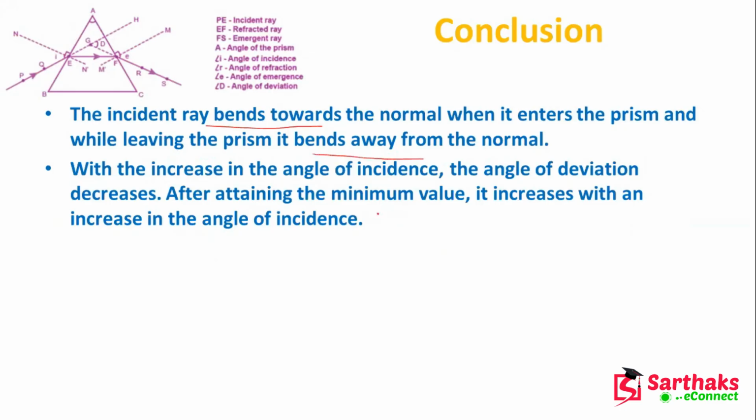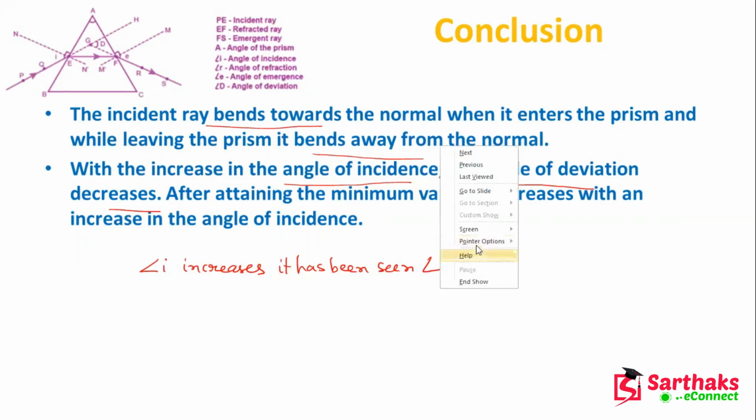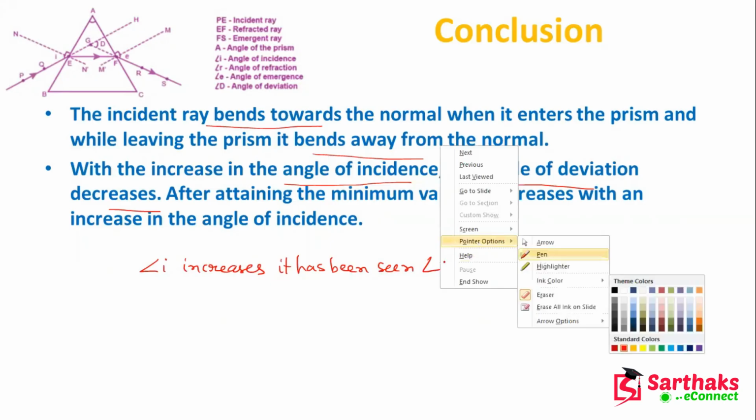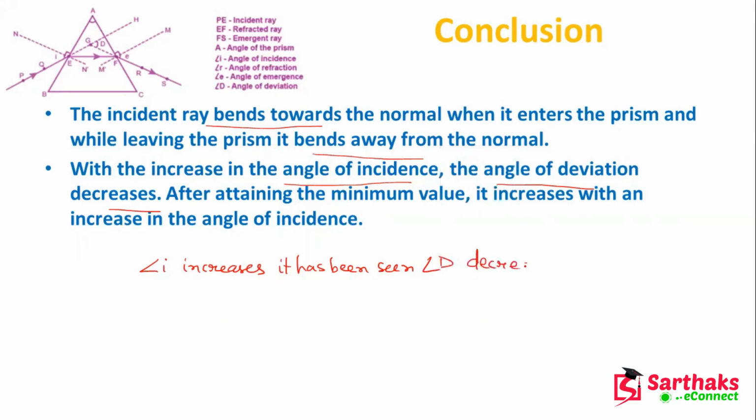And with the increase of the angle of incidence, the angle of deviation, that is D, decreases, and after attaining the minimum value, it increases with an increase of the angle of incidence.